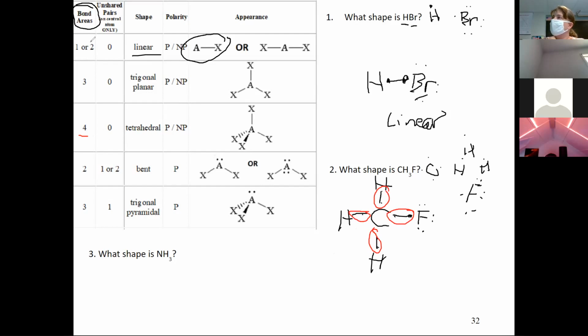You don't need to go any further because there aren't any other 4s, but you could check to see if there's any unshared pairs. And in this case, there aren't any electrons around the central atom that are connected to something. So this is a no, and our shape is tetrahedral. Again, the picture doesn't really look like this, but it does have those 4 bonds.